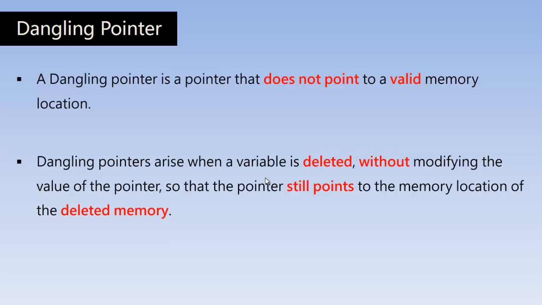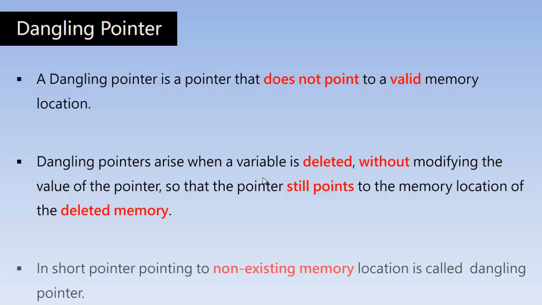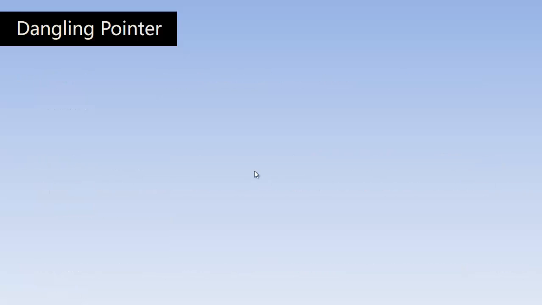I mean, if the pointer is still pointing to memory which doesn't exist at all, or to a variable which has been deleted, then it is a dangling pointer. In short, a pointer pointing to a non-existing memory location is called a dangling pointer. Okay, so let us understand this with an example.